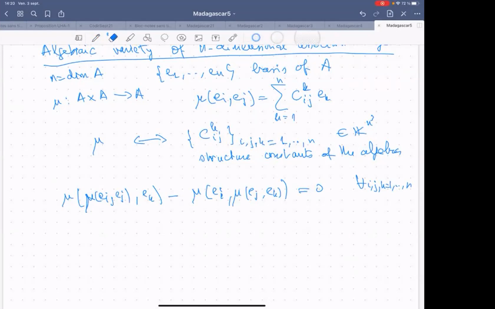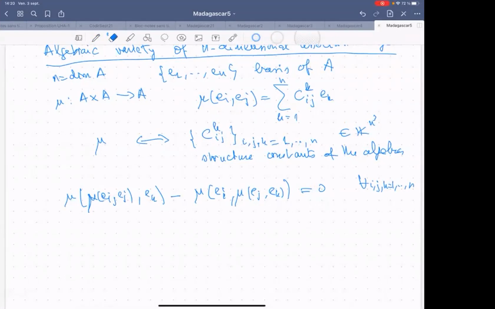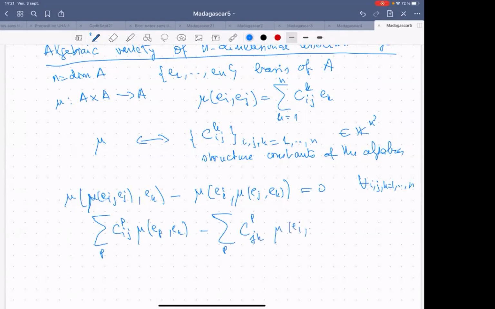Then I can use the structure constants to define my multiplication. What I get is a sum over p of C_jk^p mu(e_i, e_p), minus another sum over p of C_jk^p mu(e_i, e_p), equals 0.